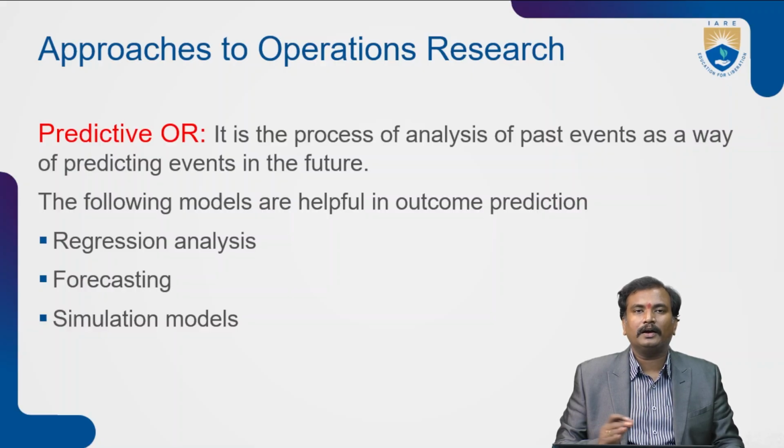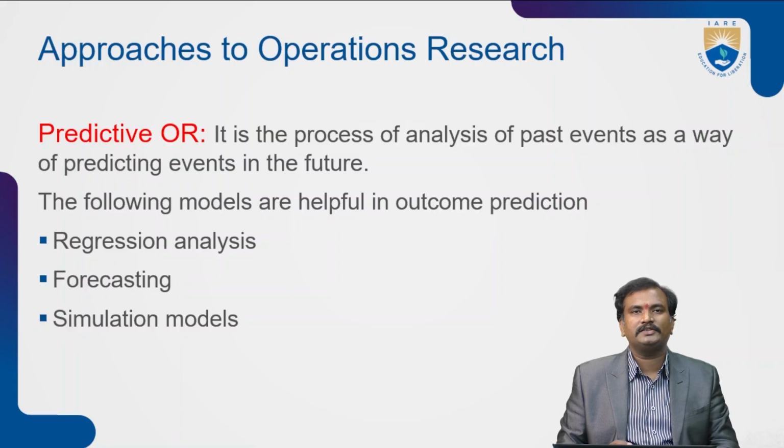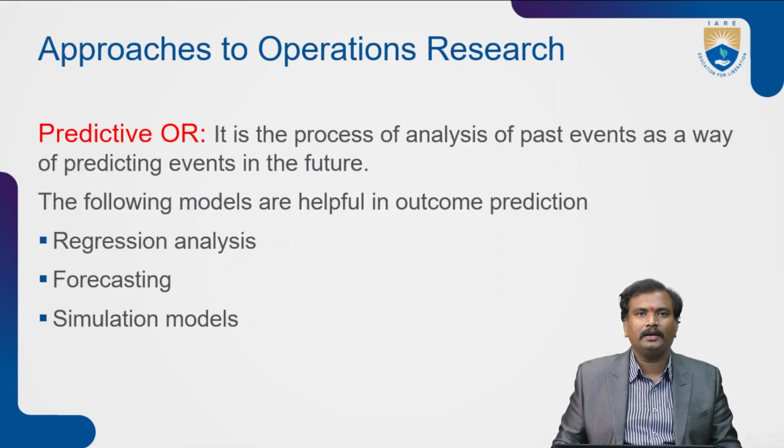We need to consider all the parameters corresponding to the electrical systems, and based on that we forecast. That is nothing but estimating the data for the next month or next year or next 5 years. Whatever the prediction is, we can do it by using predictive OR. And we can also have simulation models for forecasting any data.